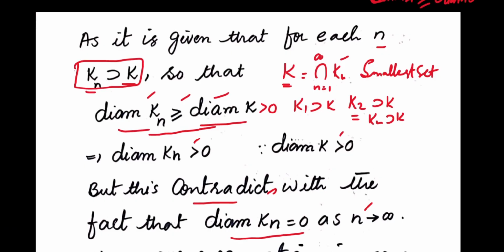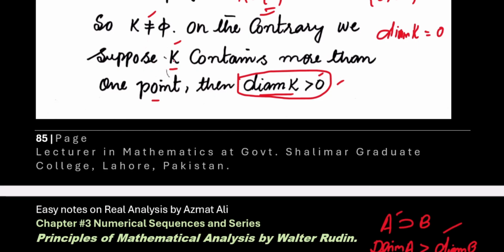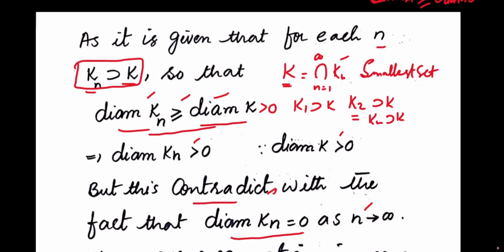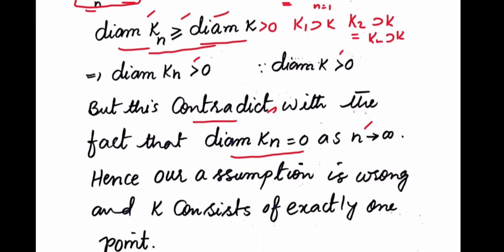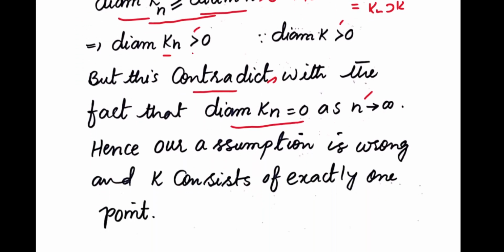So when we suppose this set K contains more than one point, we reach a contradiction that its diameter is positive. Diameter of Kn is positive. Hence our assumption is wrong and K consists of exactly one point, and it completes the proof.